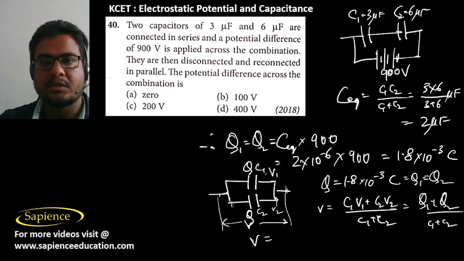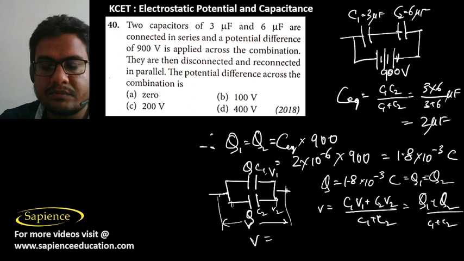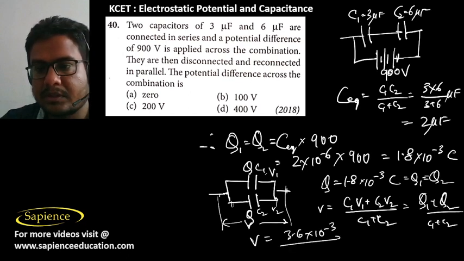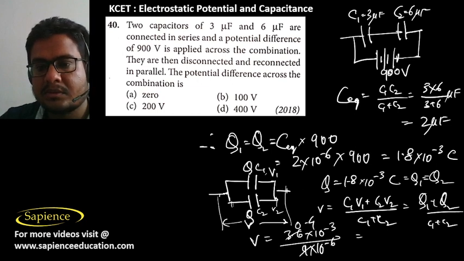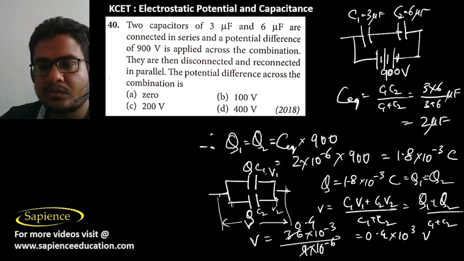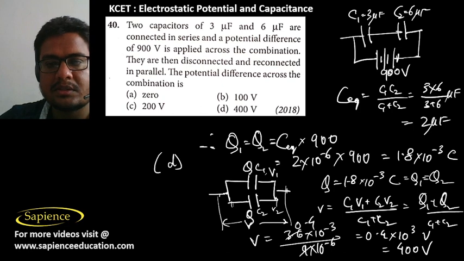Therefore the potential difference across the combination of these two capacitors will be Q1 plus Q2, that is 2 into 1.8, so 3.6 into 10 power minus 3, divided by C1 plus C2, that is 9 into 10 power minus 6. This is 0.4 into 10 power 3 volt, which is 400 volt. So option D is the correct answer.